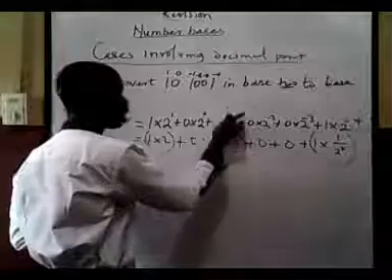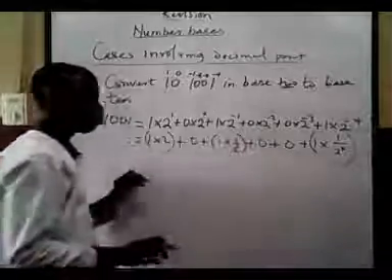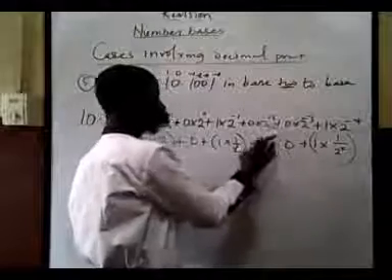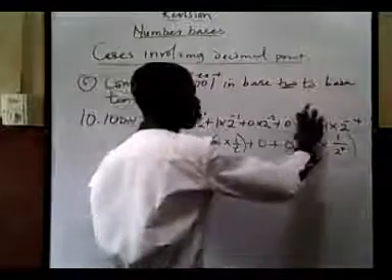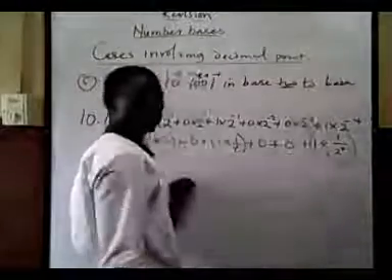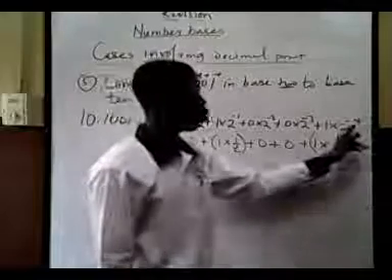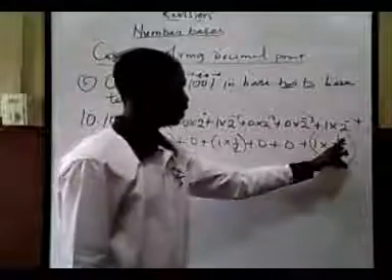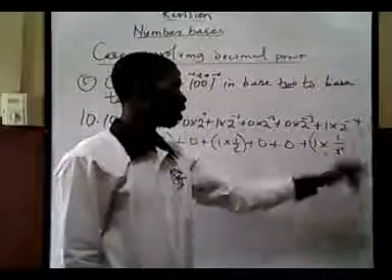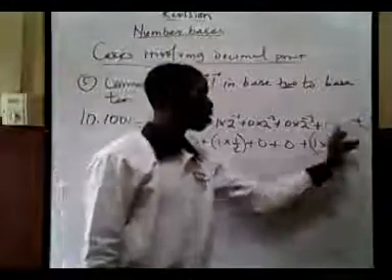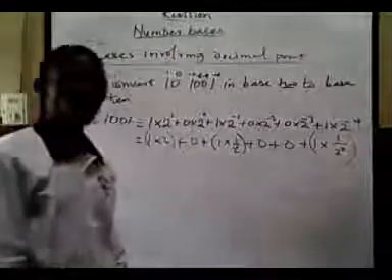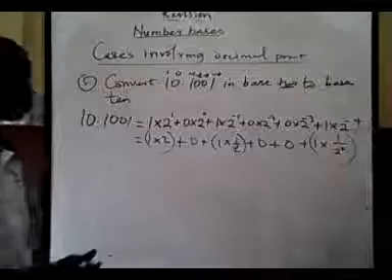The moment I've done that, no more negative power. Now, this one will have been 1 over 2 raised to power 2. This will have been 1 over 2 raised to power 3. And that's why this one is what? 1 over 2 raised to power 4. The 1 has helped me to take care of the negative. So when I put this index under 1, I will put it without what? Negative. Because the 1 on top is taking care of the negative.